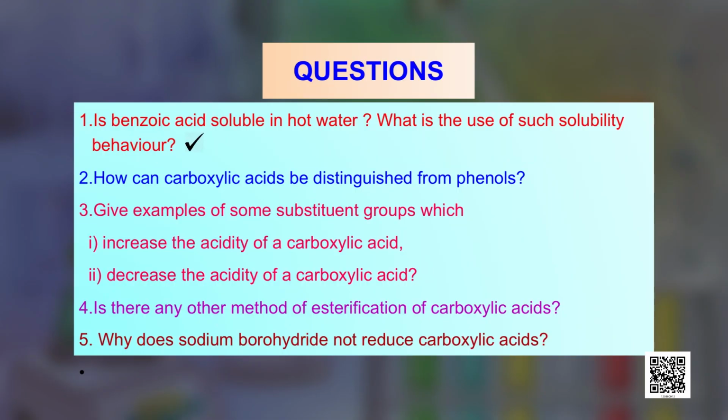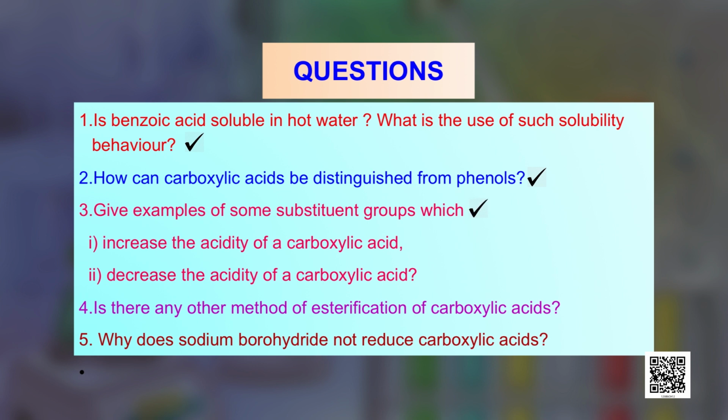We hope that this session was quite interesting and enriching for you. Now, there are some questions for you to answer. Is benzoic acid soluble in hot water? What is the use of such a solubility behavior? How can carboxylic acids be distinguished from phenols?